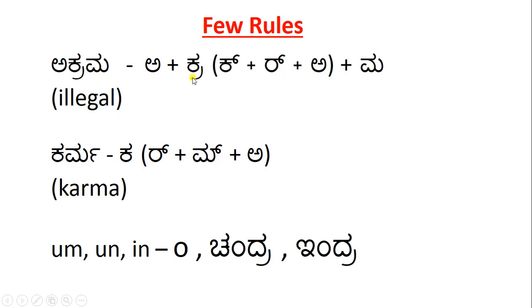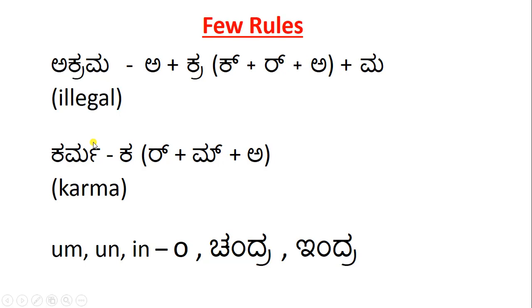So a comes after r, which makes it r, and we use this symbol. If you see here, karma. So this is pronounced as root consonant itself, and this is pronounced as whole. In that case, we write or use this symbol.